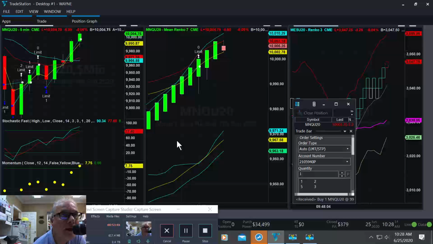And the alligator lines up. The momentum is up. We've got an order sitting at 99.90, but we may get lucky to get that filled.